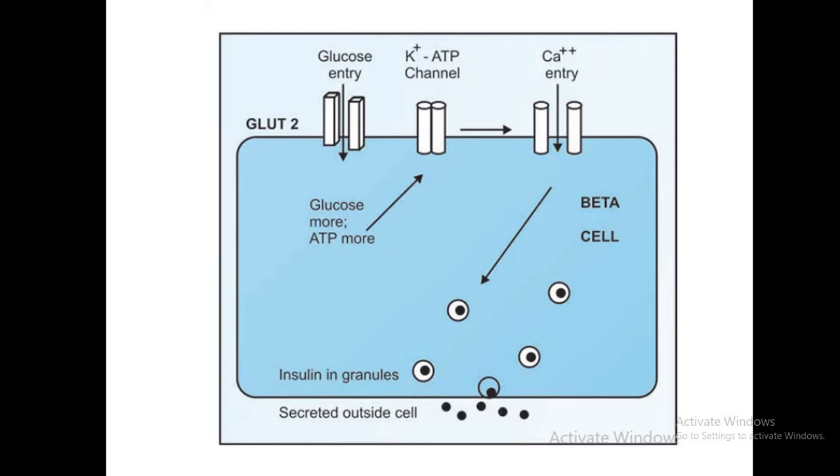So when glucose enters the beta cell through GLUT2 transporter, it activates the potassium ATP channel. There is increased cytosolic entry of calcium, which will stimulate the beta cells, and insulin stored in granules is secreted outside.